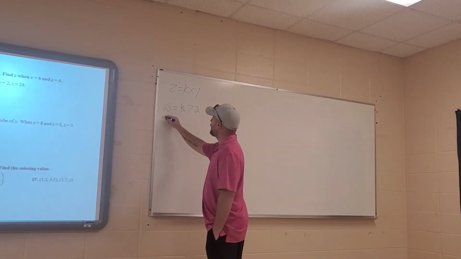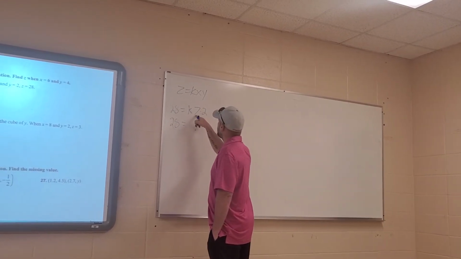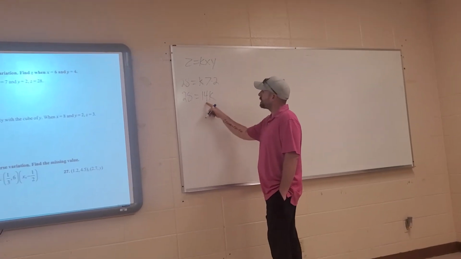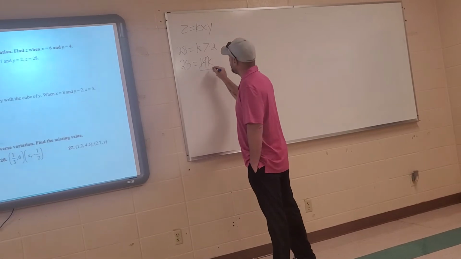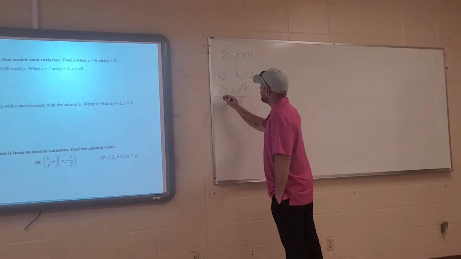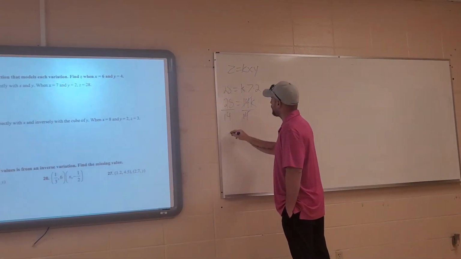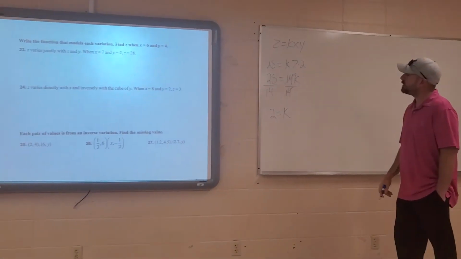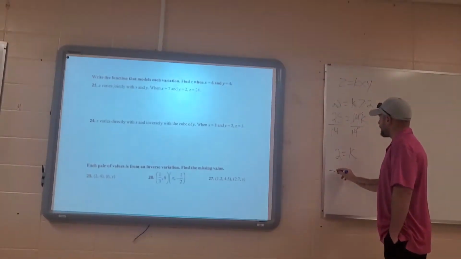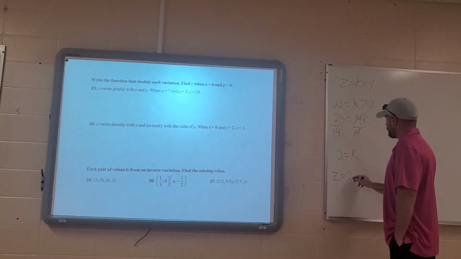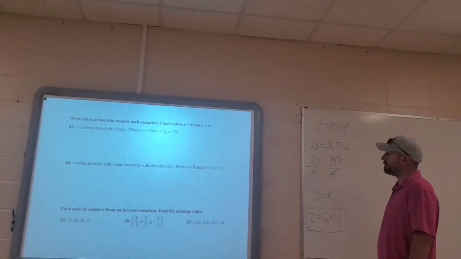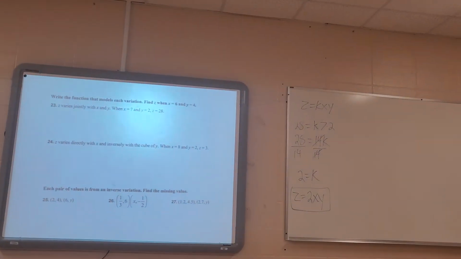So you have 28 equals 7 times 2 is 14k. And then divide by 14. 28 divided by 14 is 2. So k is 2. And so the formula would be z equals 2xy. And you're done. Okay?